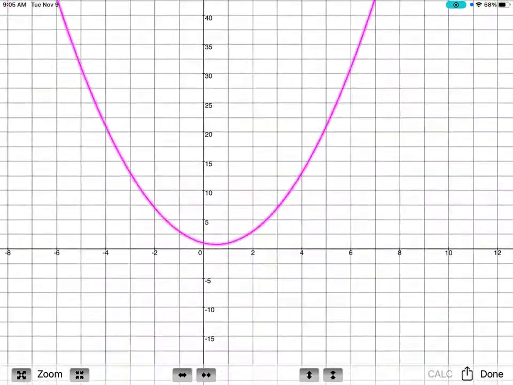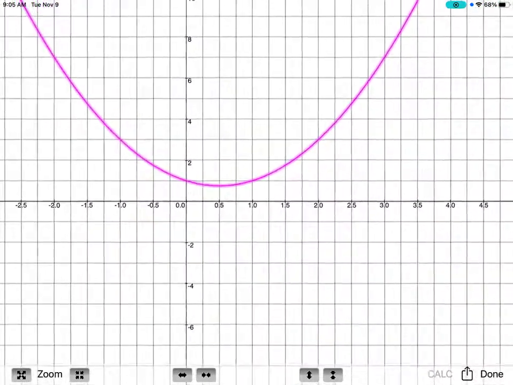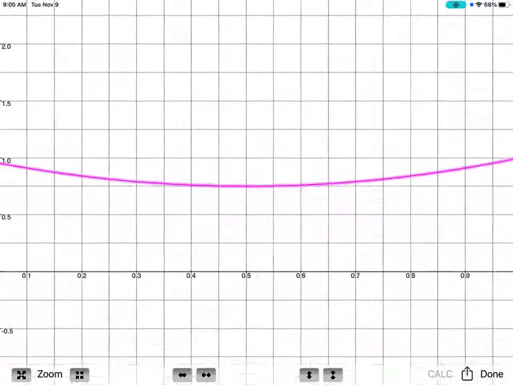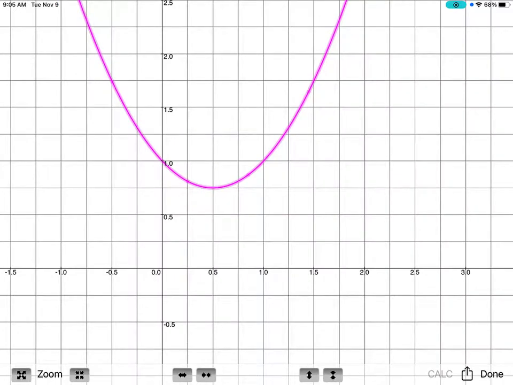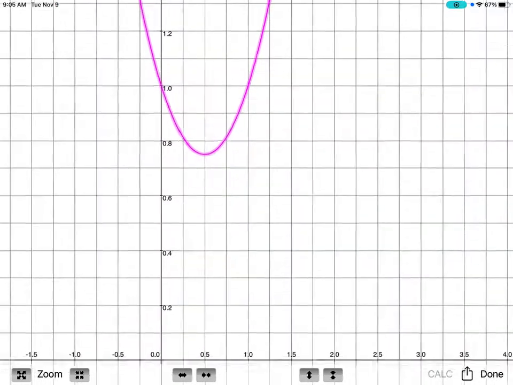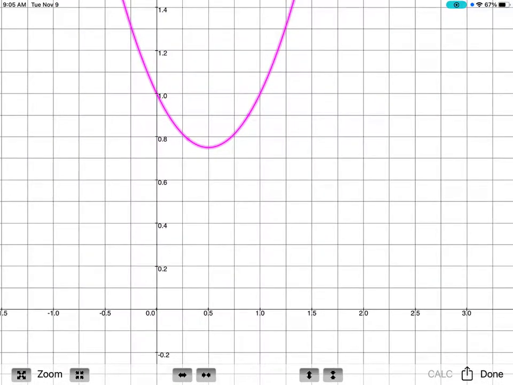And you'll notice, does it ever cross the x-axis? The answer is no. I can keep pinching and you actually see how far away you are. Okay? And number 35.